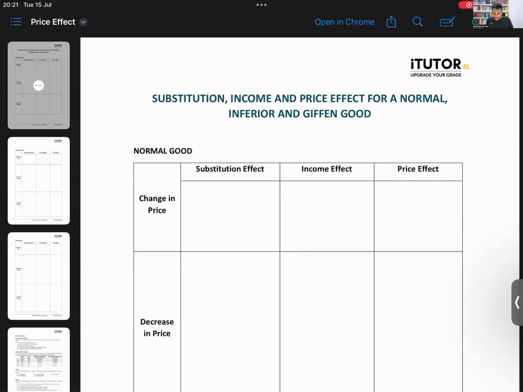Yeah, cool. So this part, Lamai, substitution, income and price effect, was introduced into the syllabus in 2019. Before this also, this was there, but how you interpreted it was different. Before 2019, when you talked about substitution effect, income effect, price effect for these three goods, it was explained in a different way.